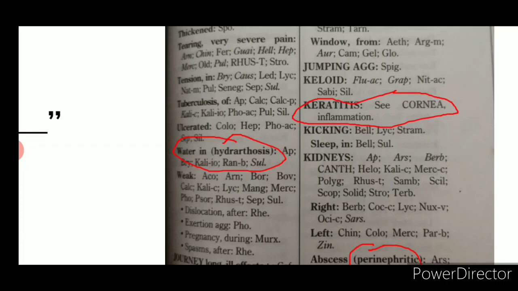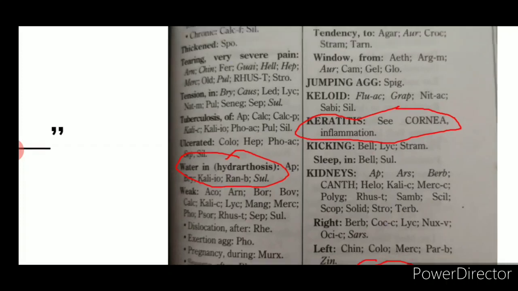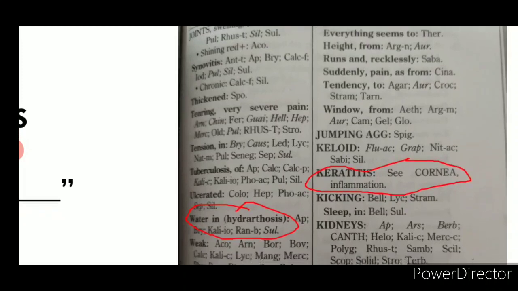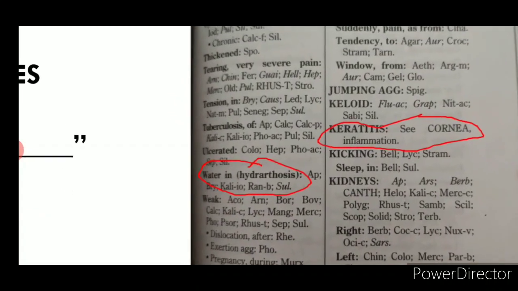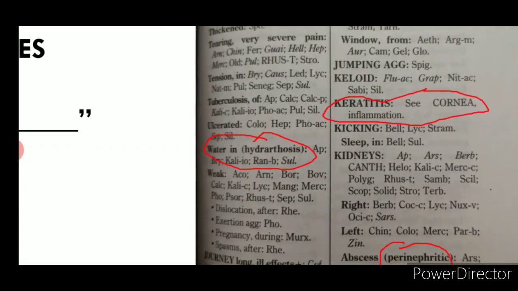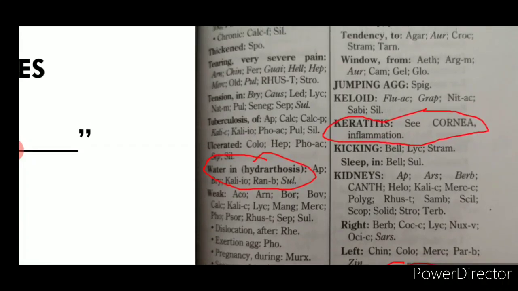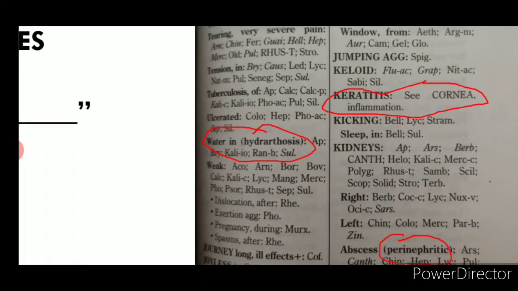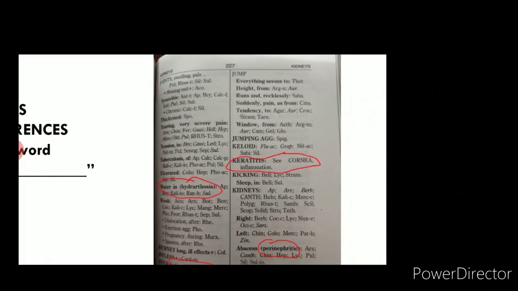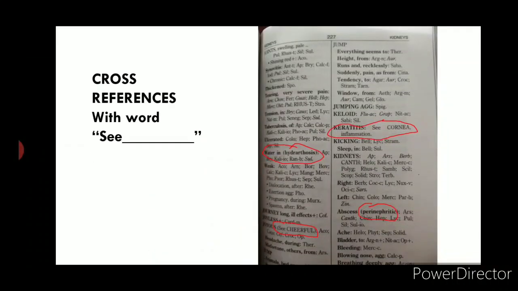The first is keratitis, where we see C cornea inflammation. So this is the cross reference. On the other side we have a rubric, joints swelling in water, and in brackets we see hydroarthrosis. So hydroarthrosis is not a cross reference but a reference word for the rubric of swelling of joints in water.